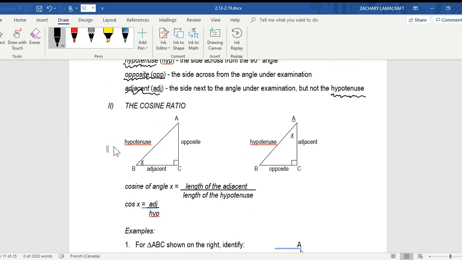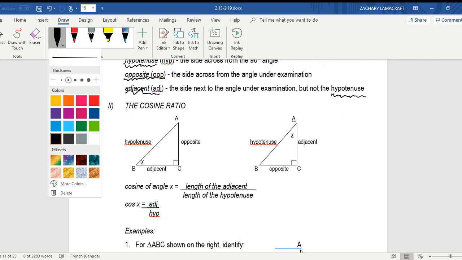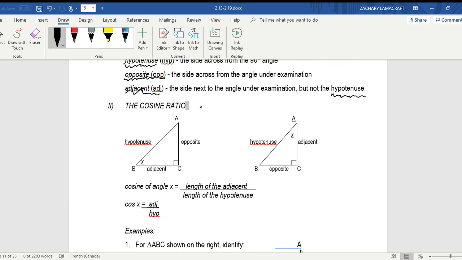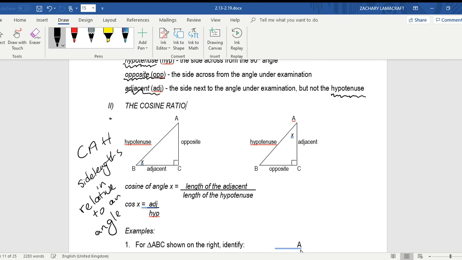So if we look at our cosine ratio, once again, it is a ratio based on side lengths in relation to an angle, or something that we're looking at under investigation.